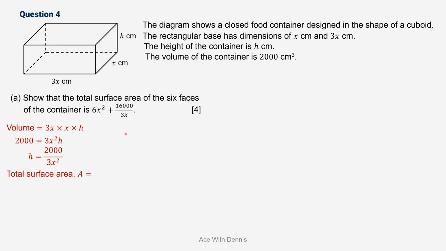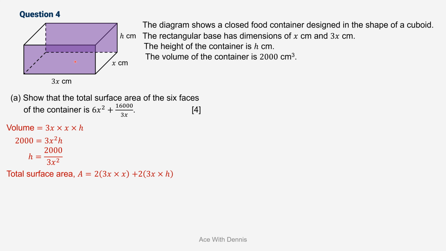Now we can start to answer the question here. Total surface area, let's label it as A. We start from the top and the bottom faces. They are the same rectangle, which is 3x times x. Then I multiply by 2 because we have two faces with the same rectangle.